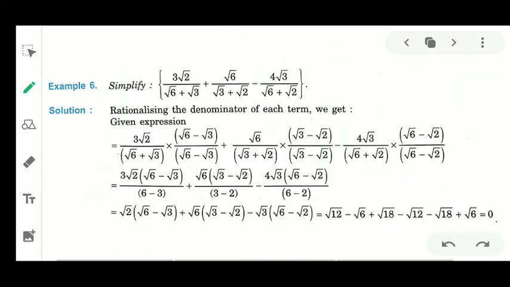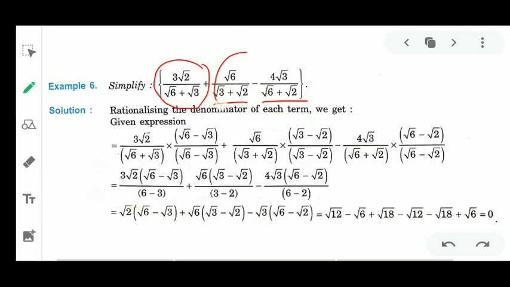Next we have example 6. Simplify 3 root 2 by (root 6 plus root 3) plus root 6 by (root 3 plus root 2) minus 4 root 3 by (root 6 plus root 2). Here we have to rationalize the denominator of each term.